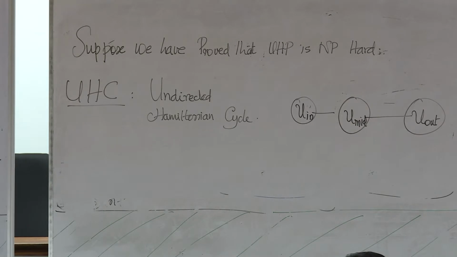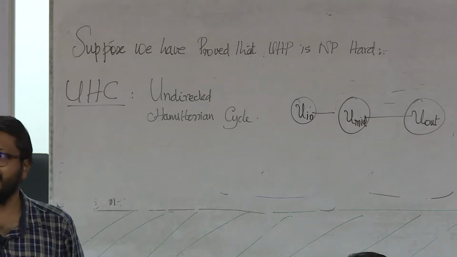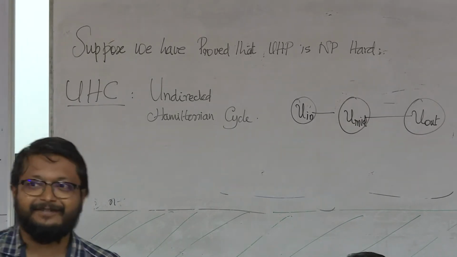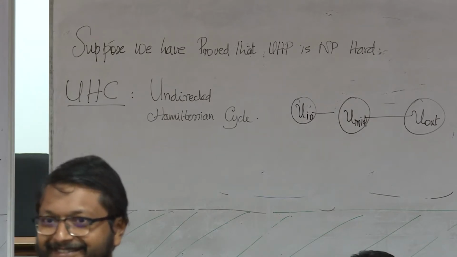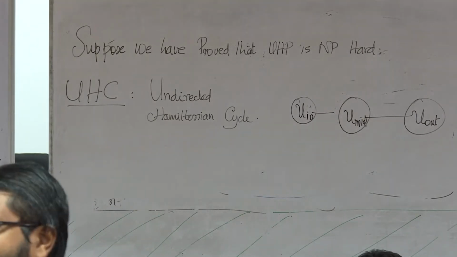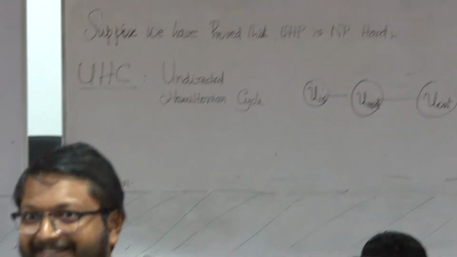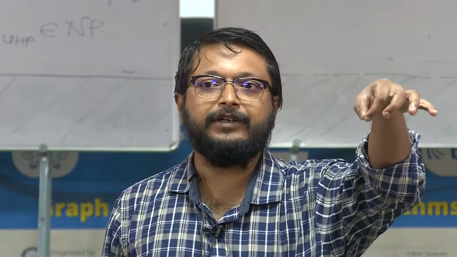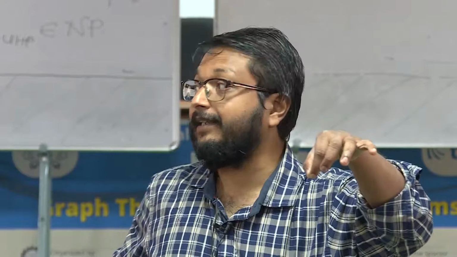Given a graph, does it have a Hamiltonian cycle? Now I don't have to specify any start vertex or end vertex because it's a cycle, right? A cycle doesn't have a start or an end. So can you start from one vertex, visit every vertex exactly once and come back to the starting vertex?